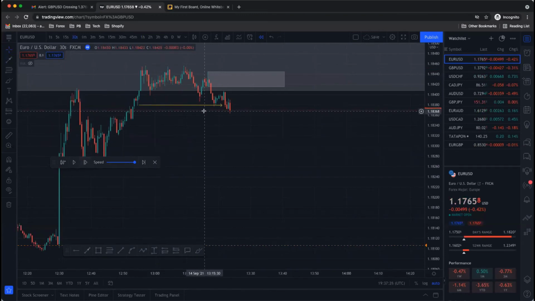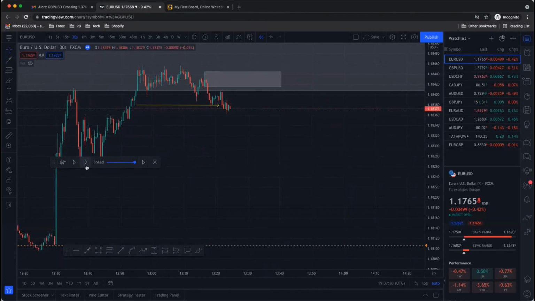Yeah, so we got the second break here. Now we have 2 breaks here. Our change in the trend on the lower time frame is confirmed.